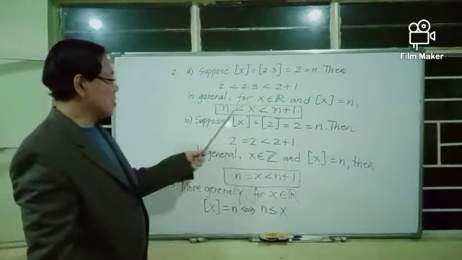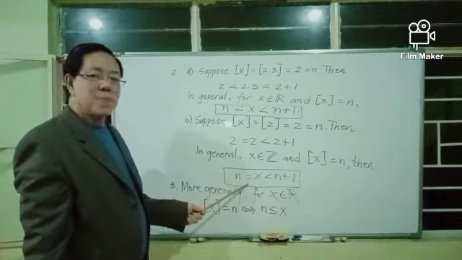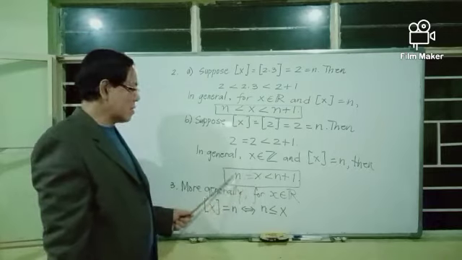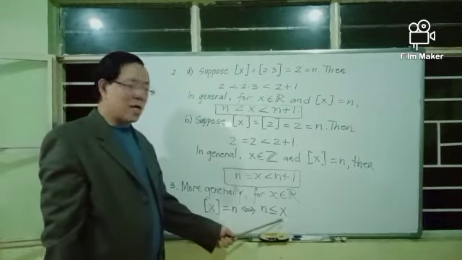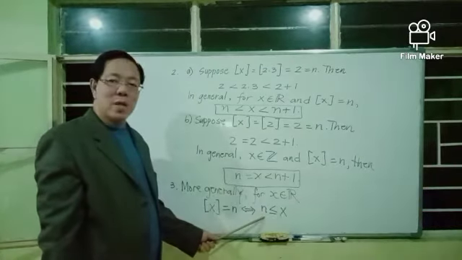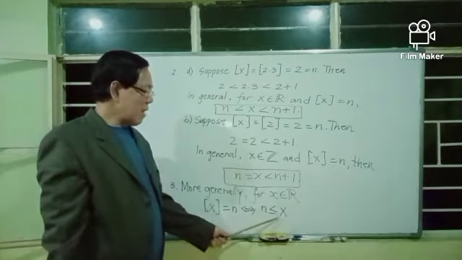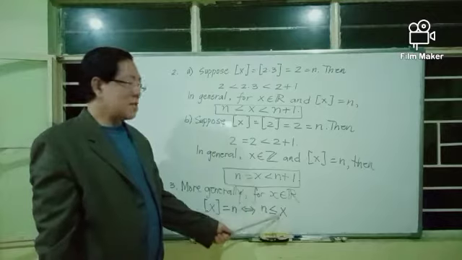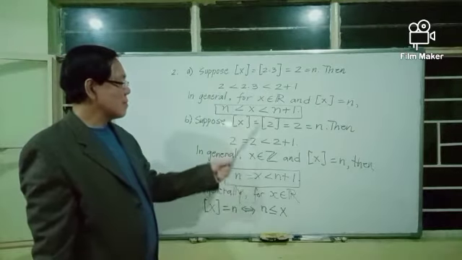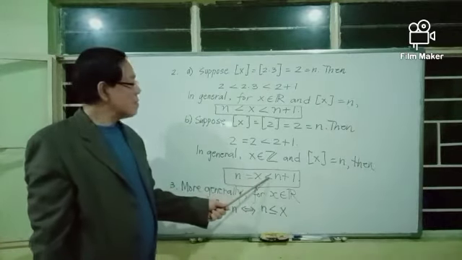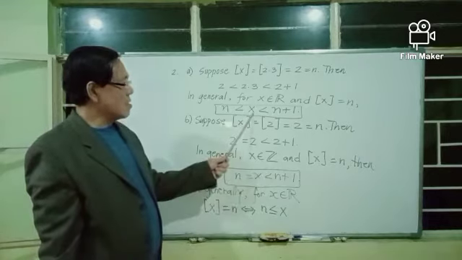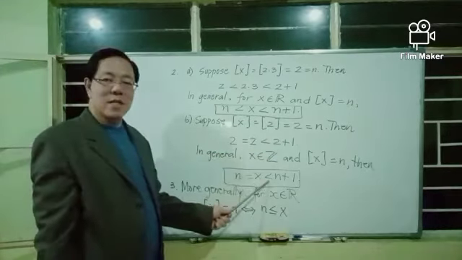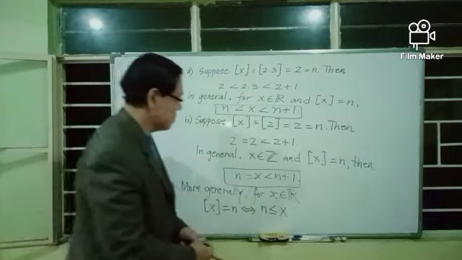We combine these two, x greater than n and x equals n, into one, and we write x is greater than or equal to n. But in both of these statements, x is strictly less than n plus 1.